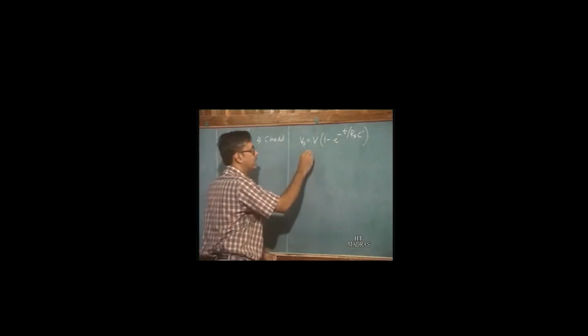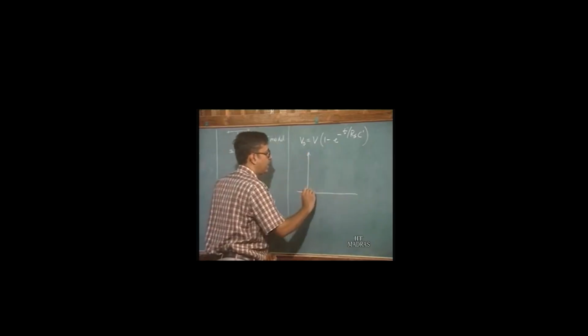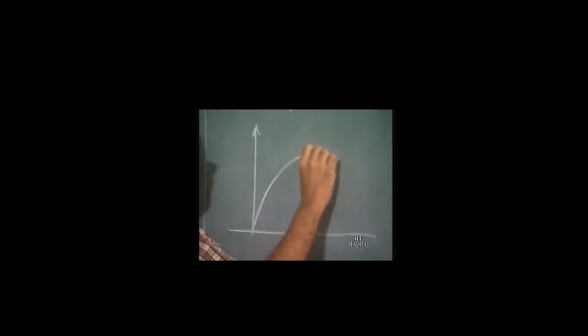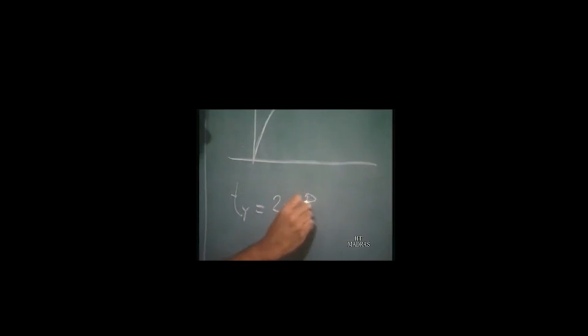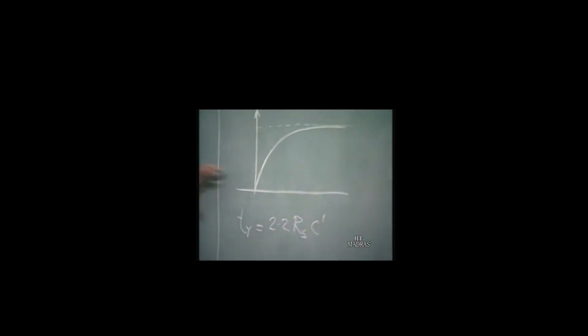So we replace the line by its total capacitance. The output voltage for a step input will rise like this and finally reach this value. In this situation the rise time is given by 2.2 Rs C prime. So this is the situation if we have only a lumped capacitance to replace the transmission line.